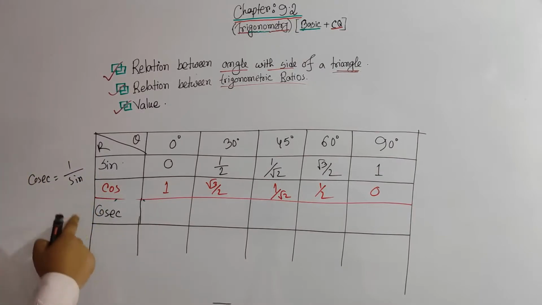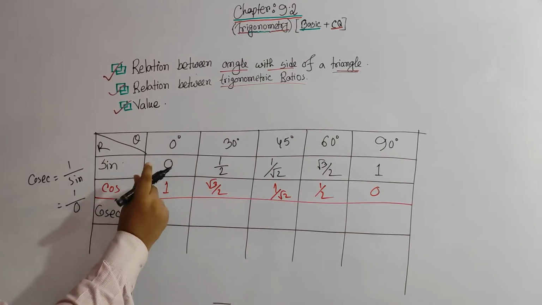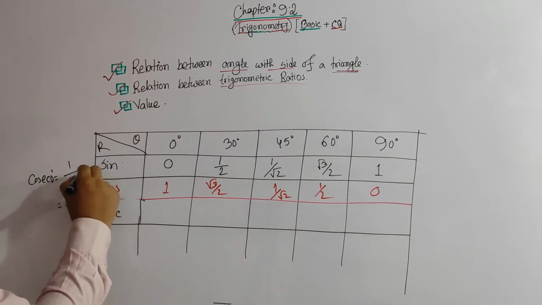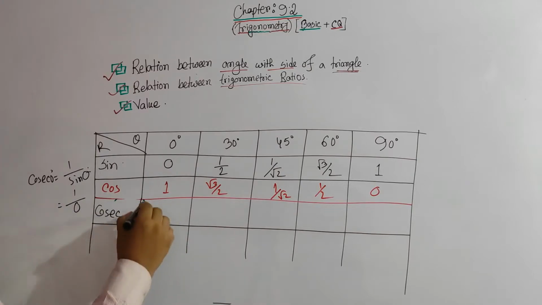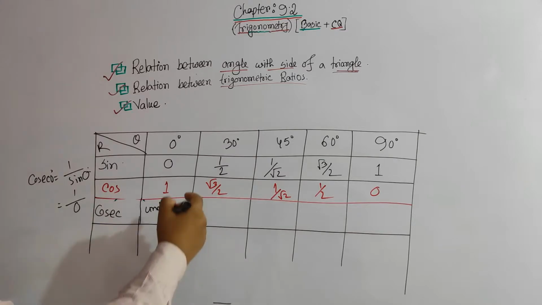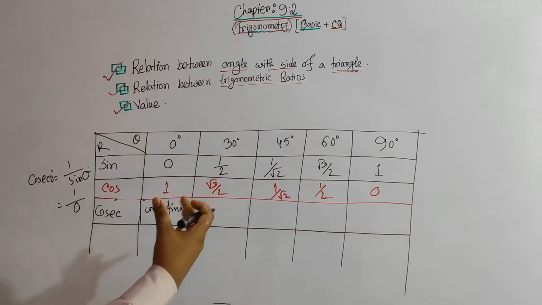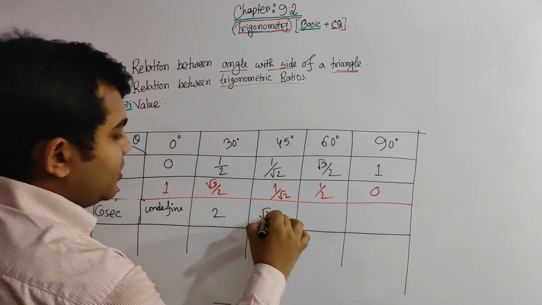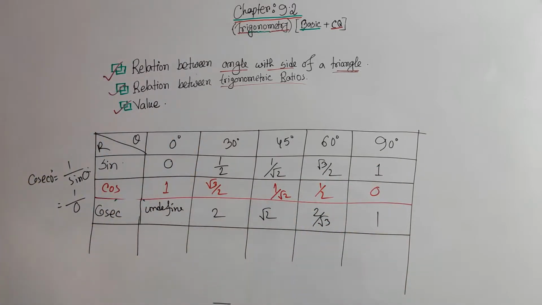If this is the relation, then for 0 degree it is 1 by sine 0, so it should be 1 by 0, and 1 by 0 is undefined. Then 30 degree, that means 1 by half. Just make it alter, so it should be 2. Then root over 2, then 2 by root over 3, and 1 by 1, that is 1.